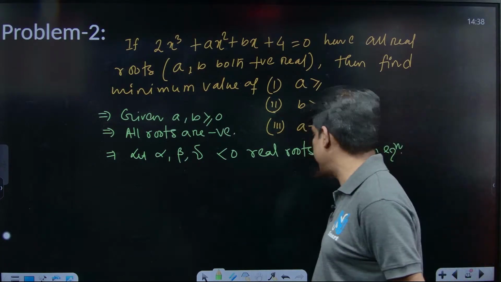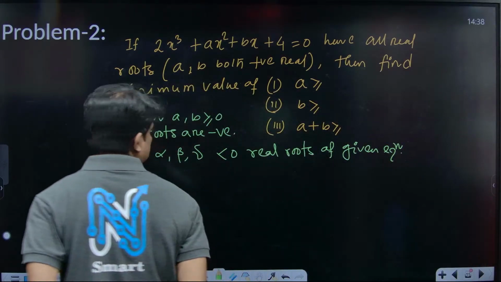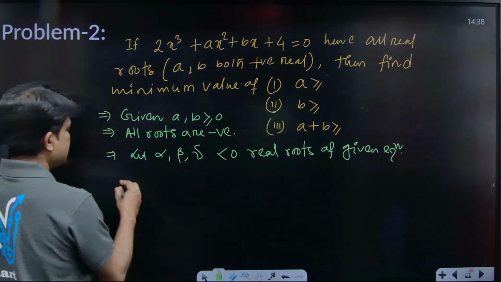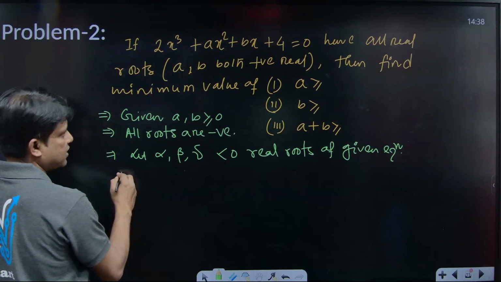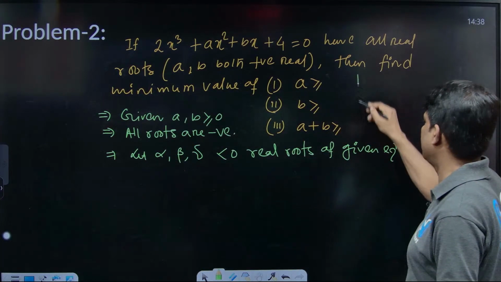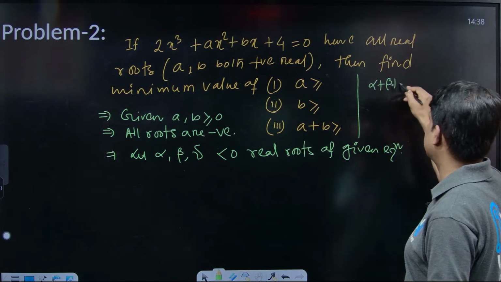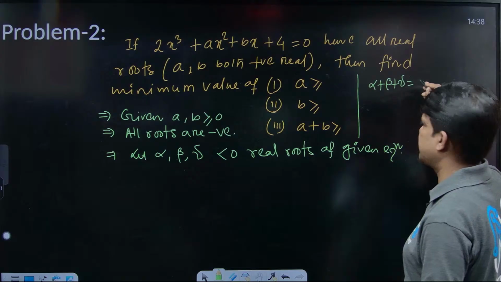What is the relation between roots and coefficients? Alpha plus beta plus gamma is minus a by 2.